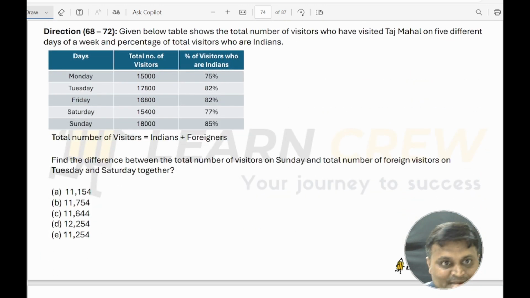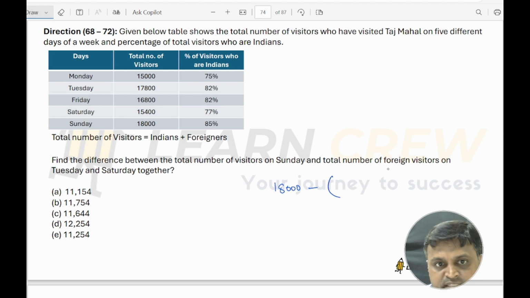Next, find the difference between the total number of visitors on Sunday, that is 18,000, minus the number of foreign visitors on Tuesday and Saturday together. On Tuesday it is how much?